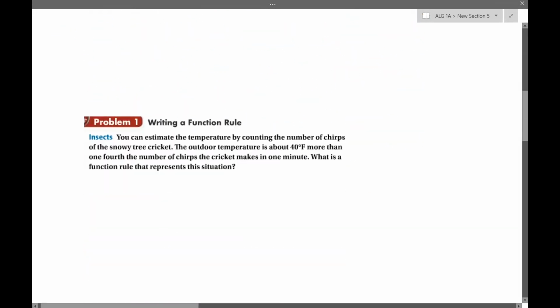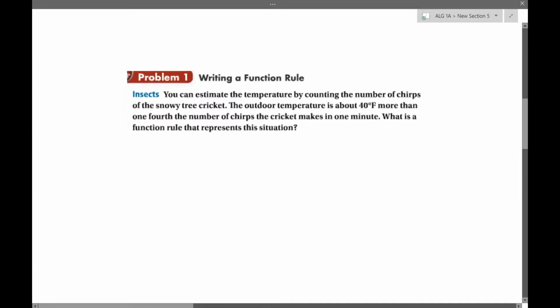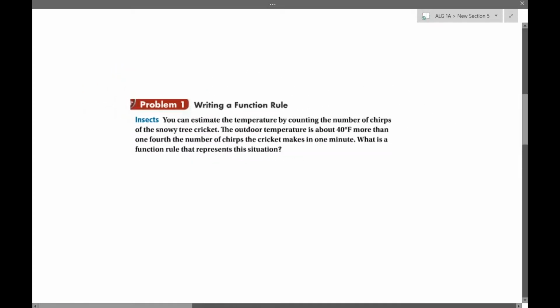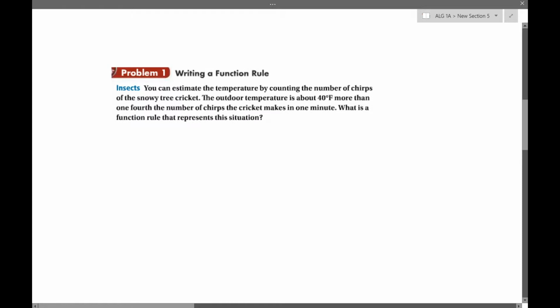Okay. Alright, so the first problem we're going to be talking about is to write a function rule. You do not need to write the problem down, but let's get into this. So problem 1 is to write a function rule.